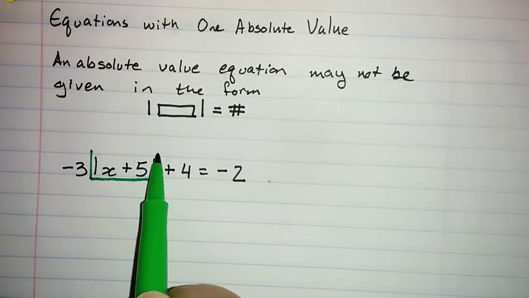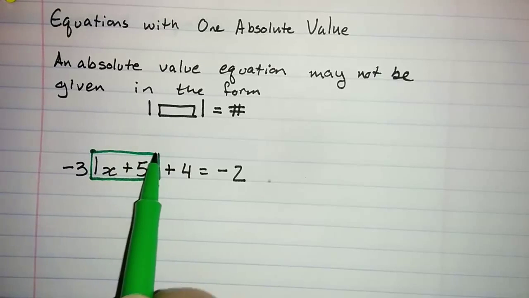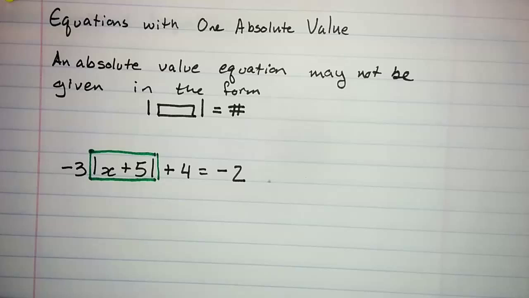We treat this absolute value part as a block, and we isolate it. This will be a very common first step in complicated equations. Find the worst thing and isolate it. In this case, our worst thing is the absolute value.